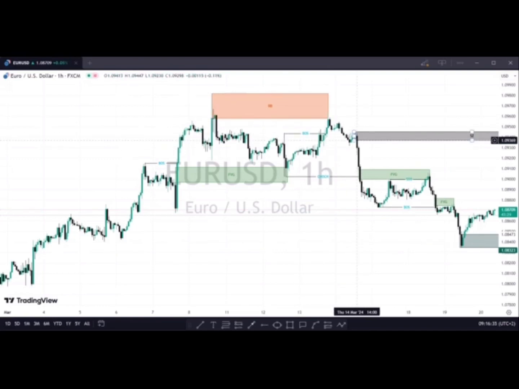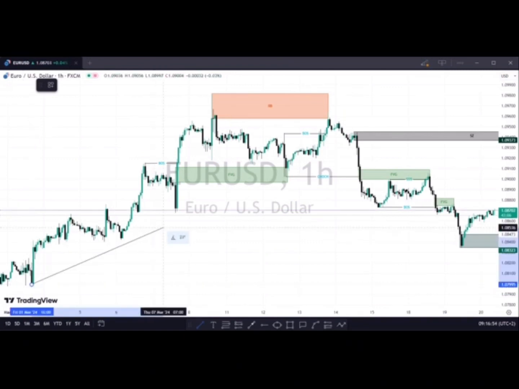price started to drop. We dropped and cleared the swing low here, which created a shift in structure.